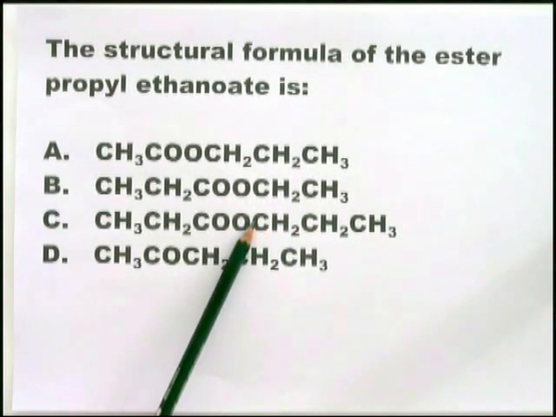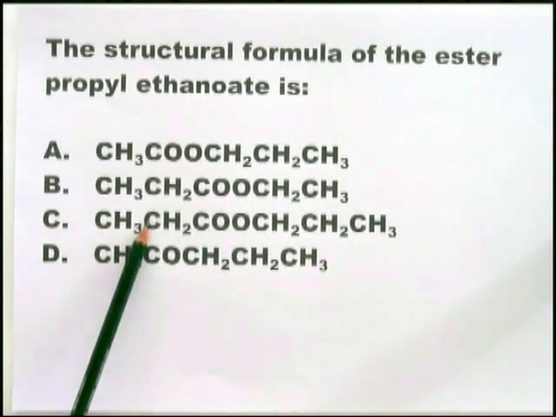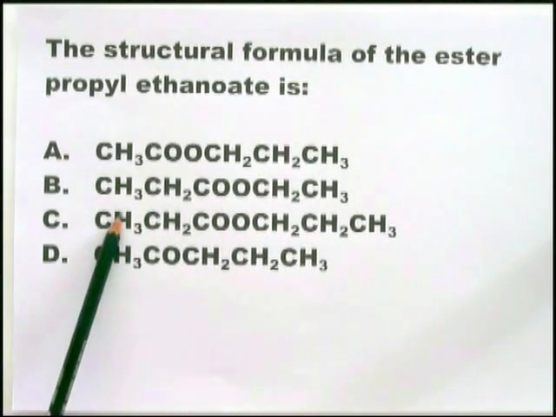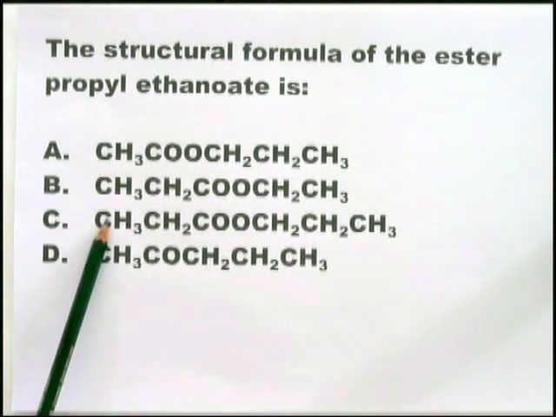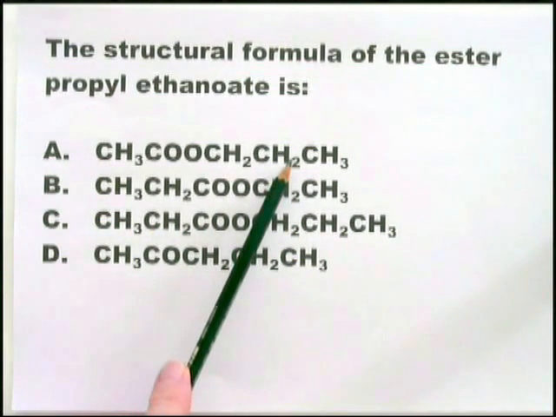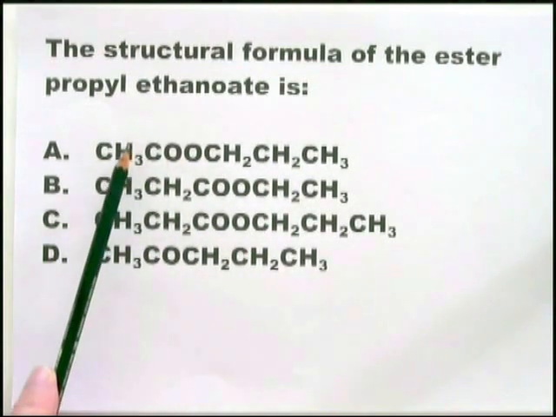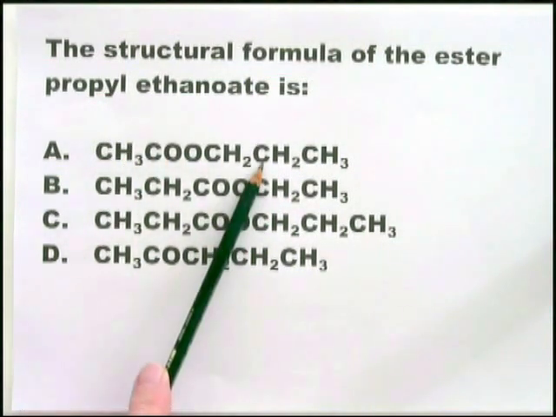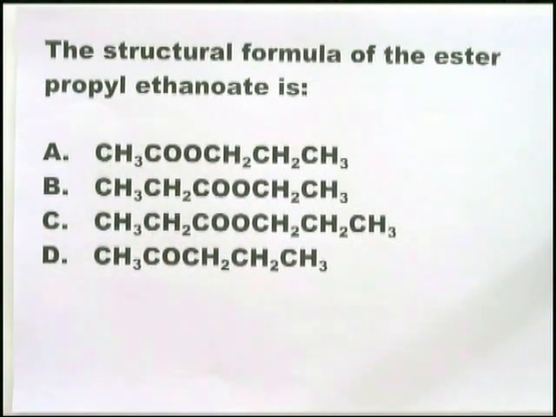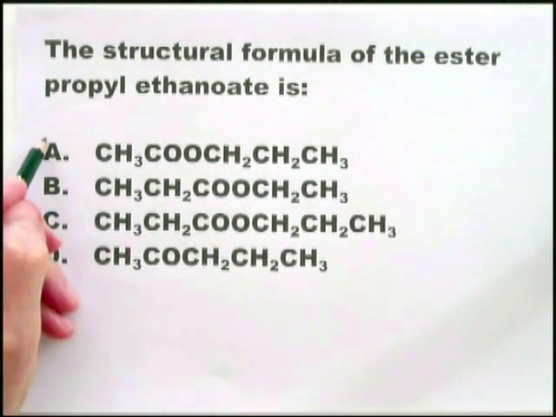This is a propyl. This is a propyl. So this is propyl, 1, 2, 3, propanoate. Anyway, so the answer is propyl ethanoate, and that is A.